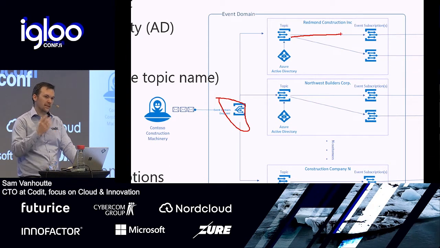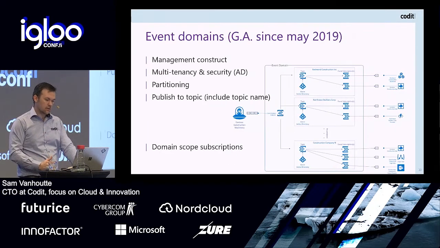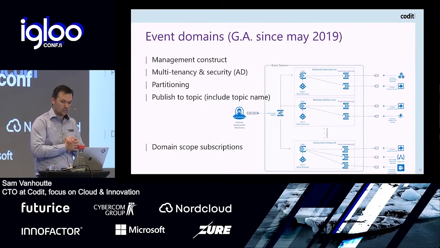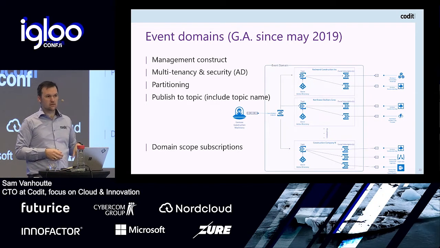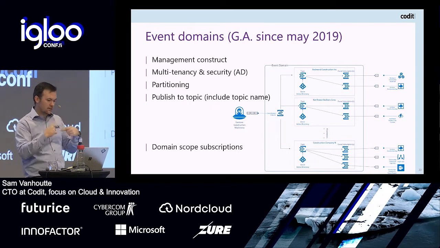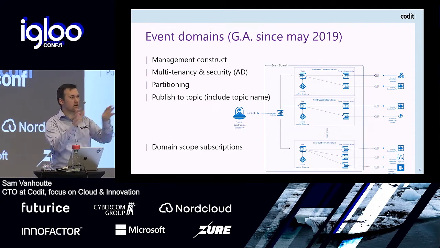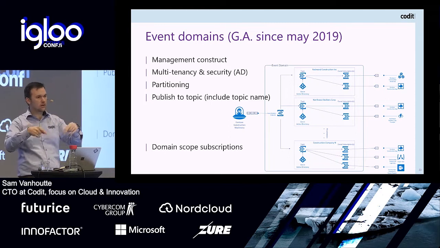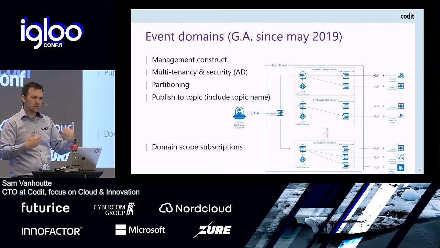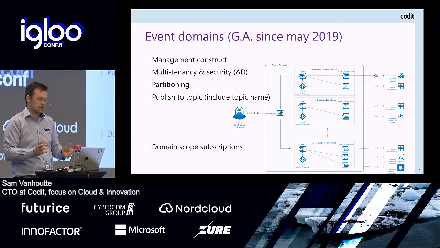So this is more intended for enterprise scenarios, but I hope that is coming. What you also have is domain scope subscriptions. And again, you have to get access to that. But you can say, I want to have a subscription on all these events, regardless of which topic they will go into. It's like for auditing purposes or for your own application internal logic.